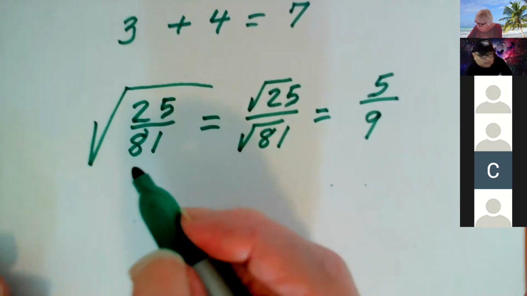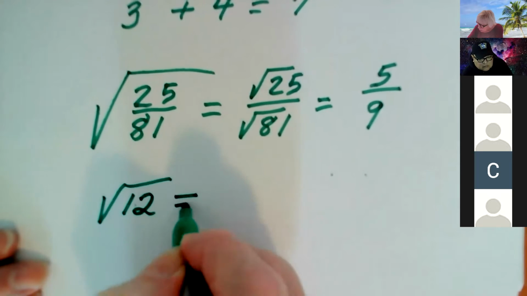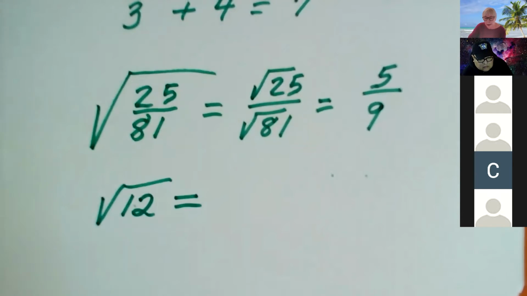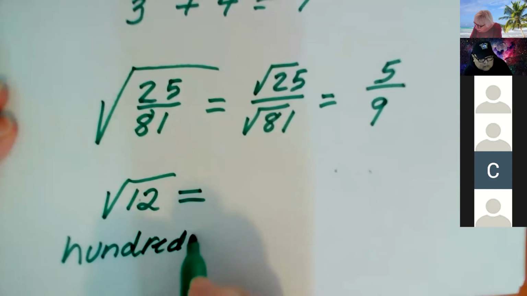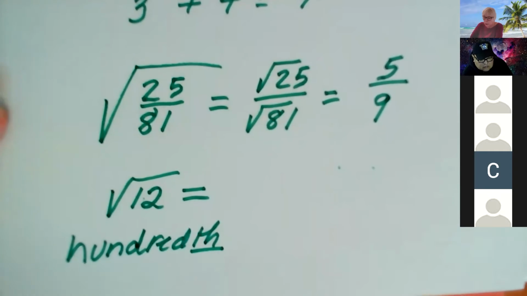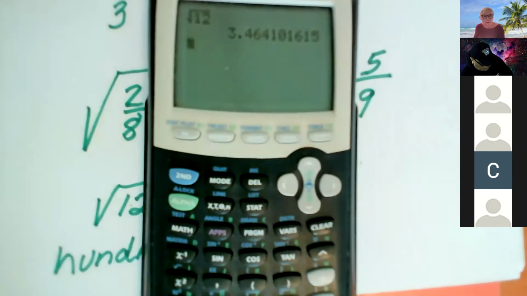For instance, this one here, square root of 12 is not a perfect square. And so let's say they say round it off to the nearest 100th. So you'd have to pull out this calculator, square root of 12. Okay.